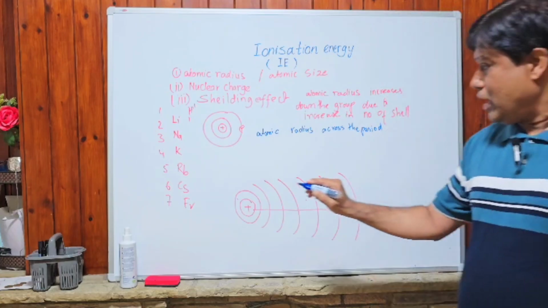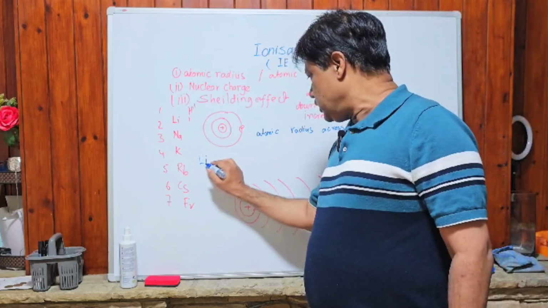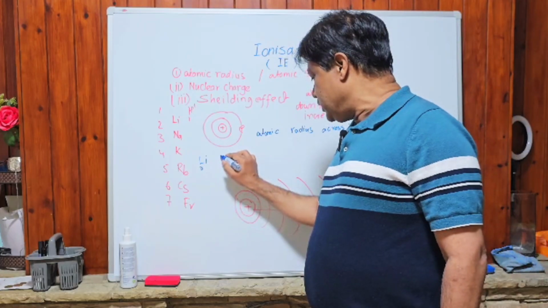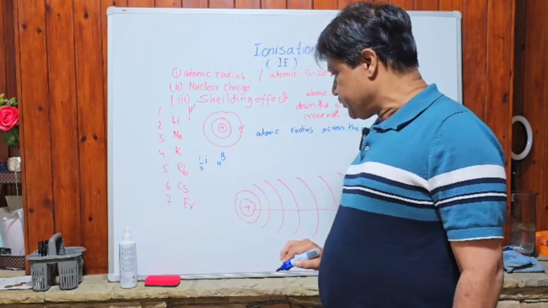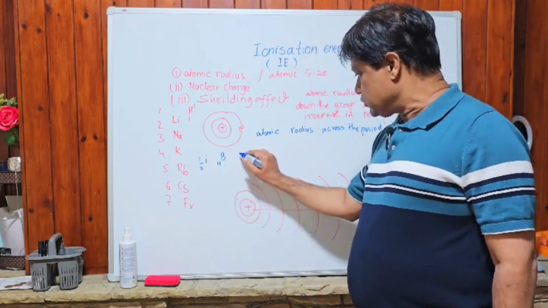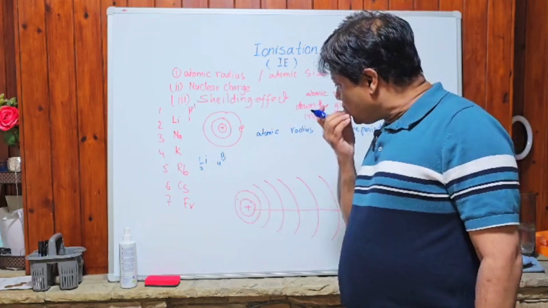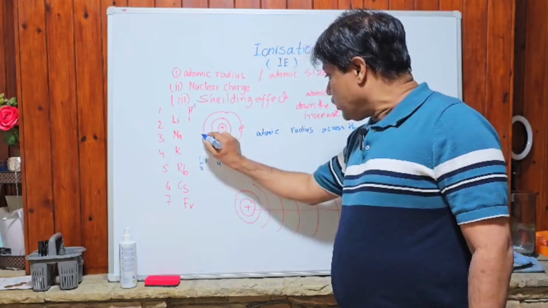Across the period, we have lithium with 3 electrons, beryllium 4, that's the number of electrons. We have hydrogen 1H1, helium 2H4, 2 electrons, lithium 3 electrons.